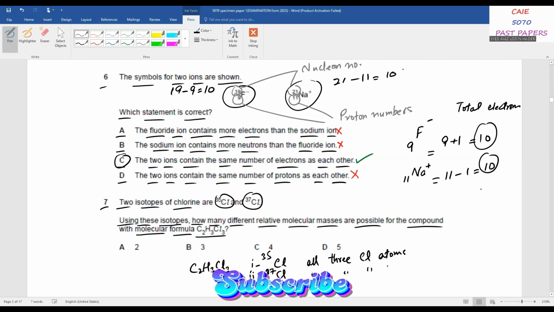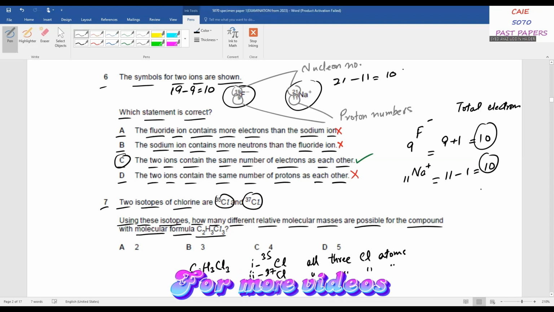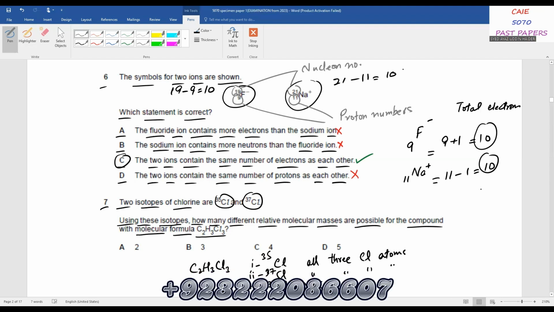Possibility number 3: you may have 2 Cl35 and 1 Cl37.